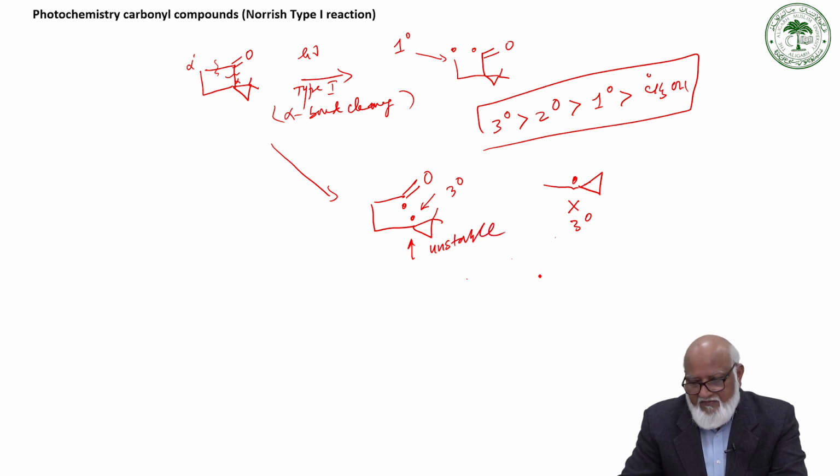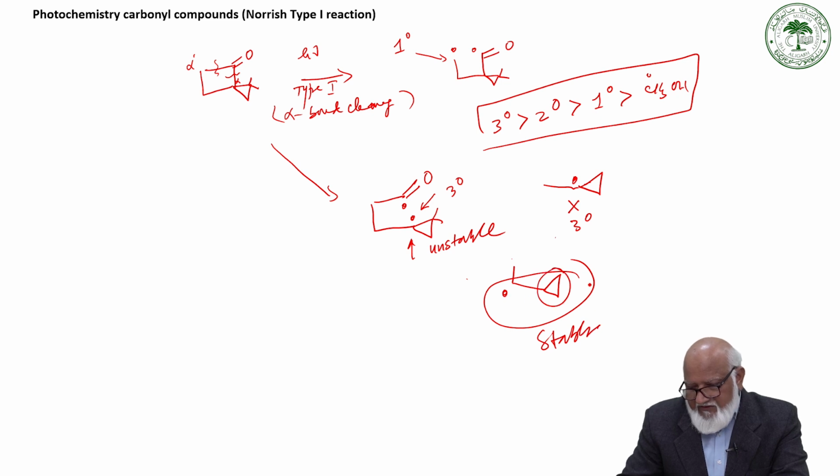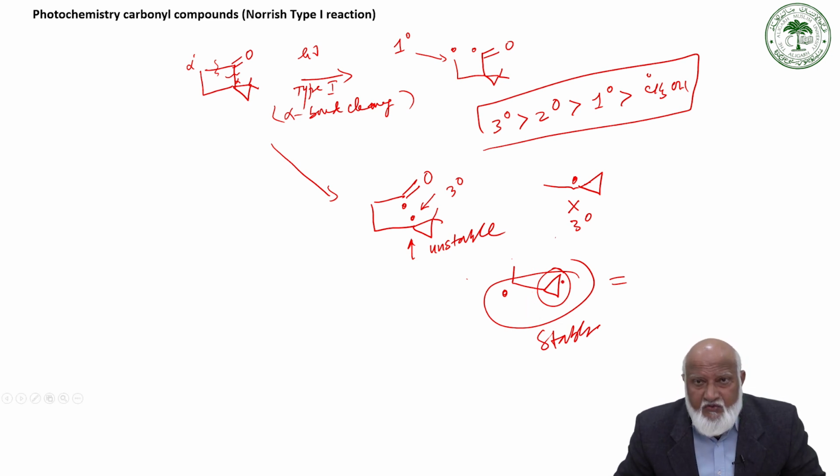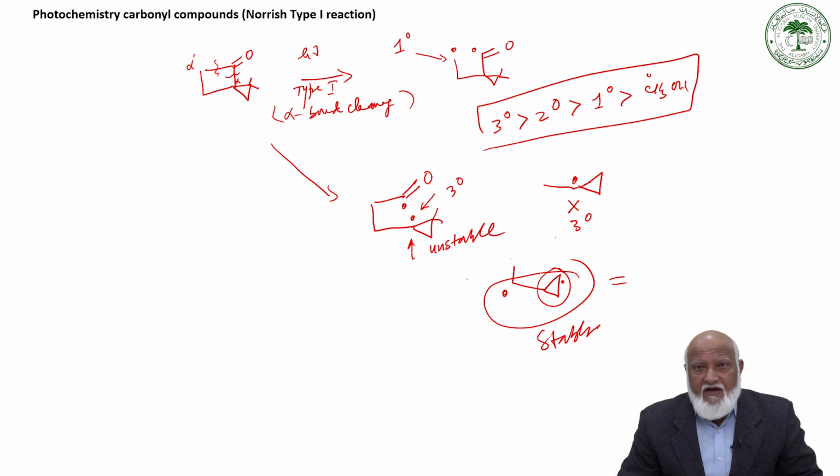If a radical is formed adjacent to the cyclopropane ring, it is stable, because cyclopropane is considered equivalent to a double bond and stabilizes it. So the radical on the carbon next to the cyclopropane ring is stable, but the radical on the cyclopropane ring is unstable because of the high ring strain.